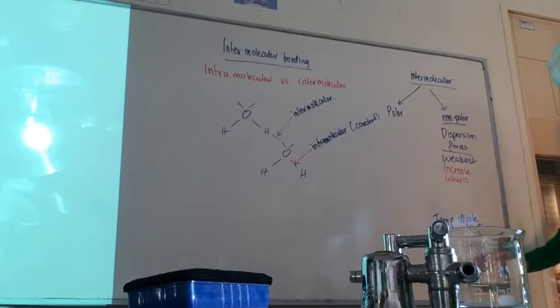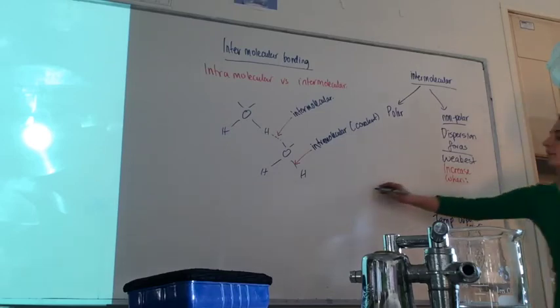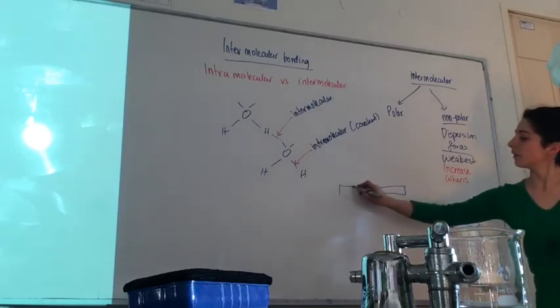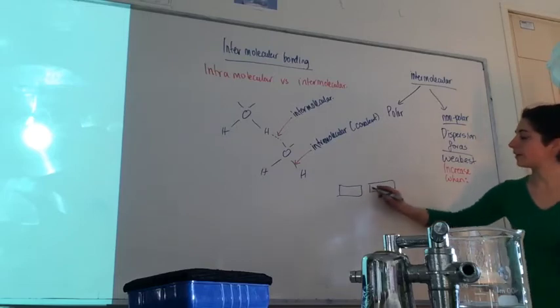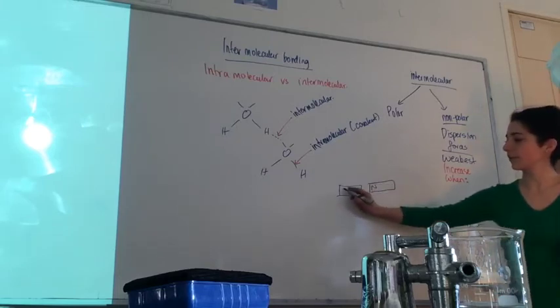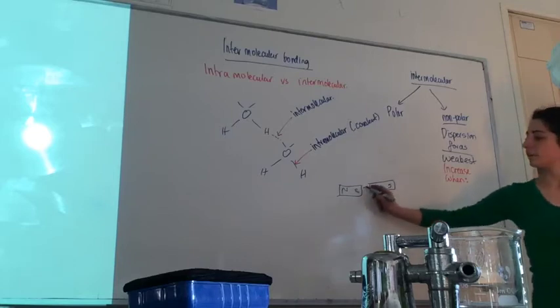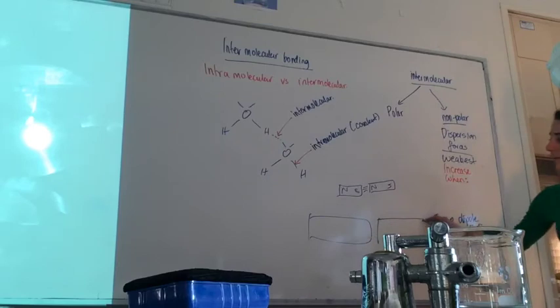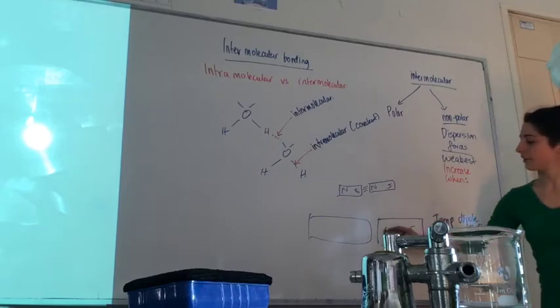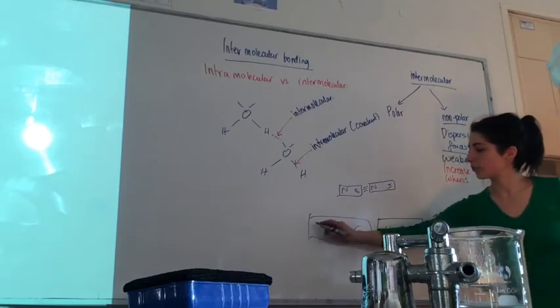The larger one, because think about it like a magnet. If you've got two magnets this size attracting each other versus two magnets this size attracting each other, which one would be easier to pull apart?